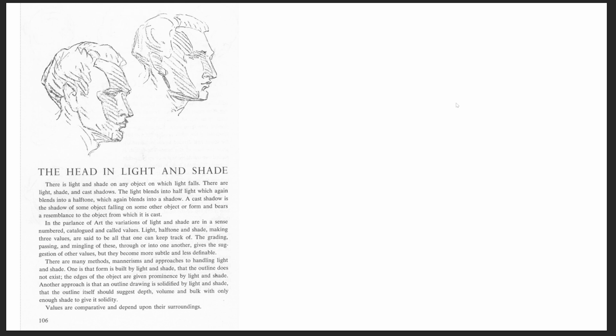Given that we have very different circumstances now for lighting the model, from north light rooms to extreme spotlights to almost anything else in between, the goal here is to understand that the planes of the head, the masses of the head, are fixed and absolute, and that the light doesn't just drift across the face, or the shadows don't just randomly drift across the face. They fall distinctly into the different planes: the side plane, the front, the top, the back, the bottom.